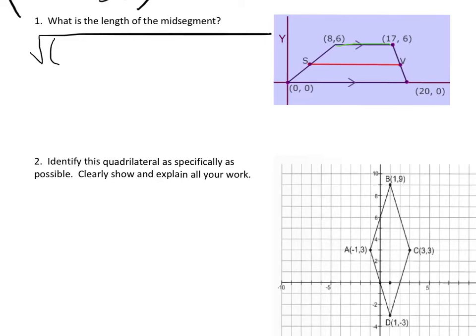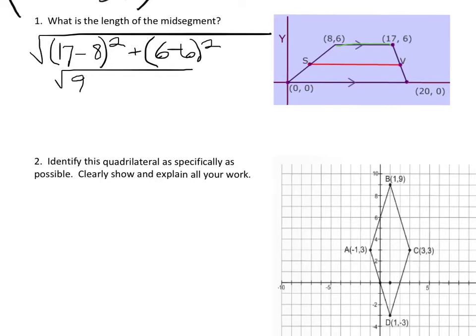So first I subtract the x's, so I'm going to do 17 minus 8 squared, and then I'll do 6 minus 6 squared, which is going to equal 17 minus 8 is 9 squared, and that's 0 squared. So that's going to equal the square root of 81, which I know to be 9. So that's that green one.